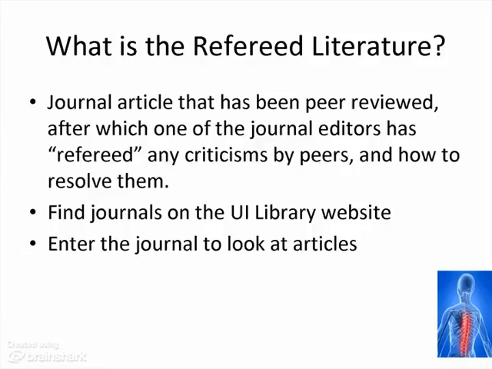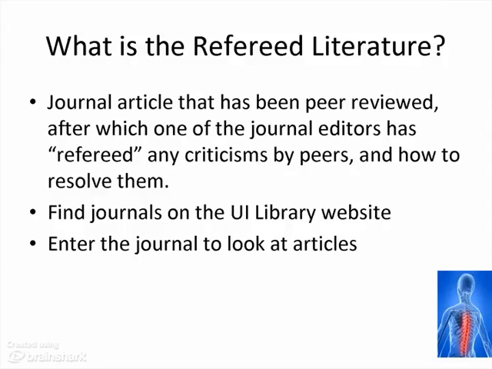So a refereed paper is one that is written by an expert and has been peer-reviewed by other experts in the same field. And the reason they use the word refereed is sometimes the peer reviewers have criticisms that may or may not be really reasonable. And so you have a referee, an editor who looks at the criticisms and sends a directive back to the original authors saying, if you want this published, you're going to have to address these.